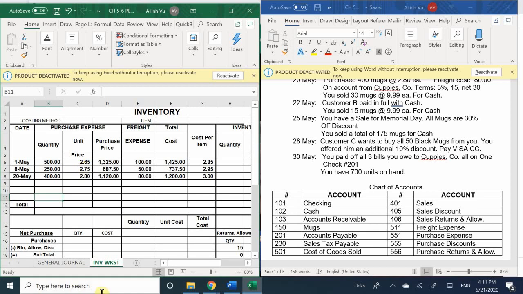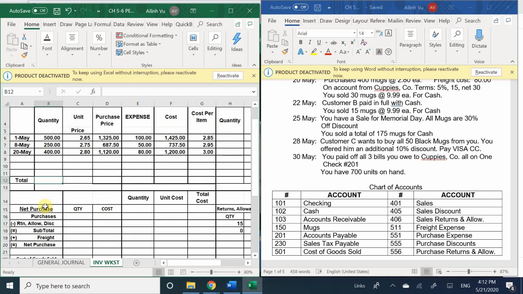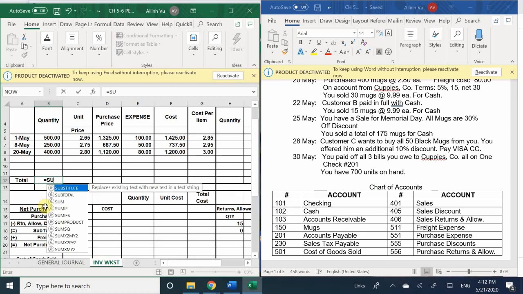Here we have all the information. What costing method are we using? LIFO. So before we start anything, what do you need to do? We need to add up the four columns.